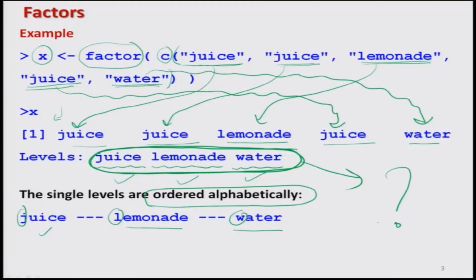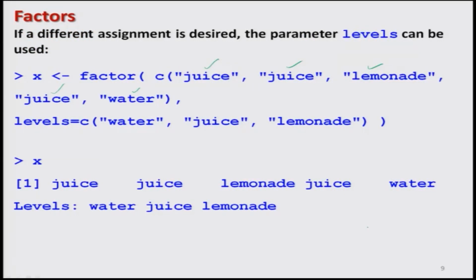I do not need this, but I want to have some other labels depending on my need. So now I define my own labels, and I say my labels are going to be water, juice and lemonade.